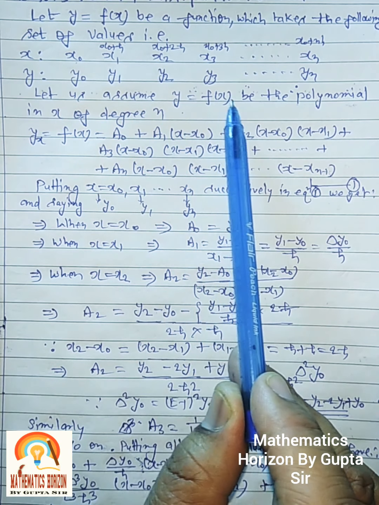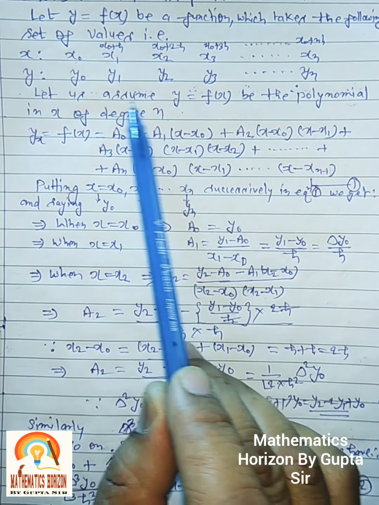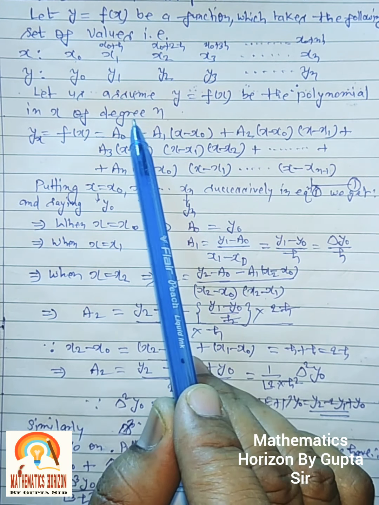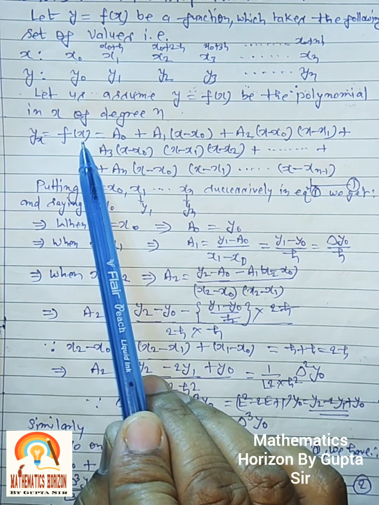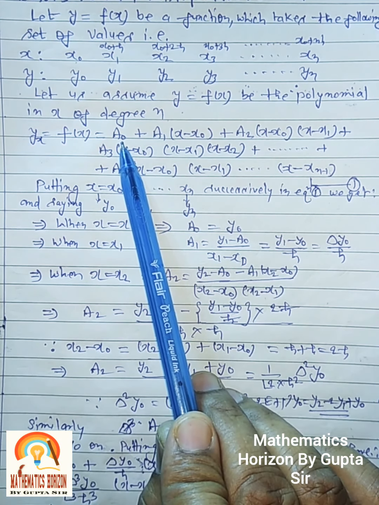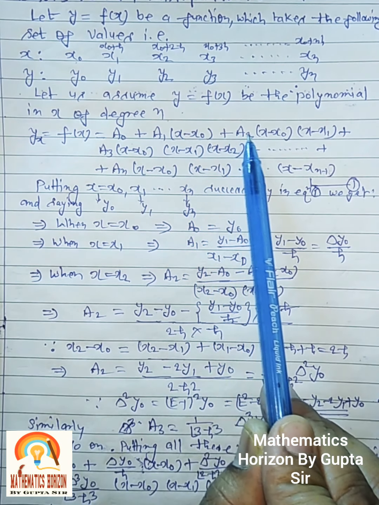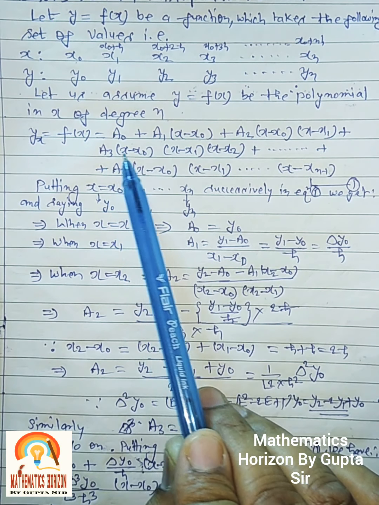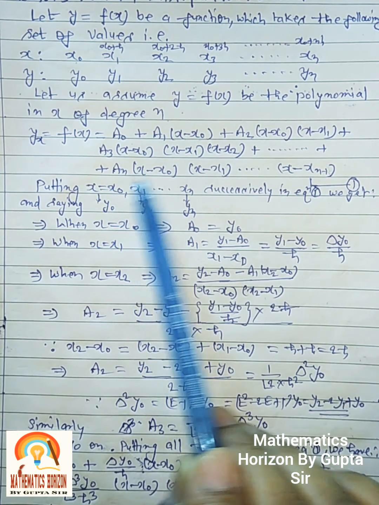Let us assume f(x) is a polynomial in x of degree n, that is, f(x) is equal to a0 plus a1(x minus x0) plus a2(x minus x0)(x minus x1) plus a3(x minus x0)(x minus x1)(x minus x2) and so on.